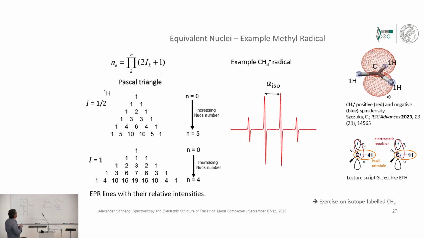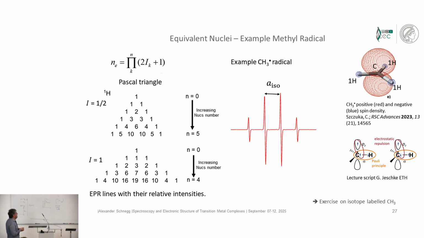If we are dealing with equivalent nuclei, for example, here in the case of a methyl radical, which has 3 hydrogens, the number of lines and their intensities can be determined by a Pascal triangle. For example, here we have 3 hydrogens. They have spin 1/2, and we have to go, this is 0, 1, 2, 3, and this is our pattern 1, 2, 3, 2, 1.